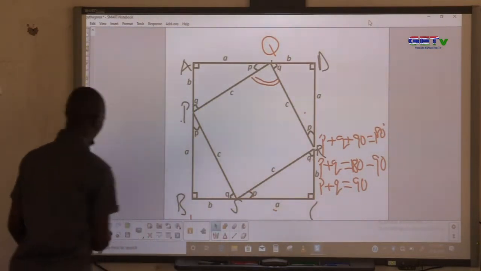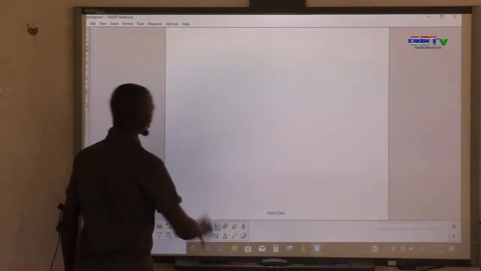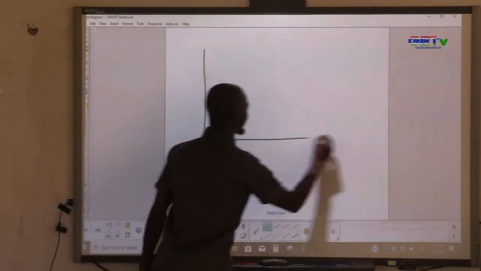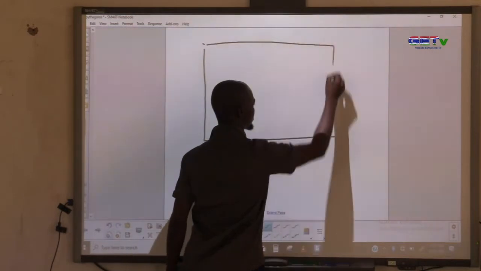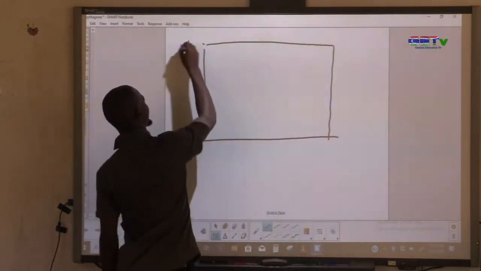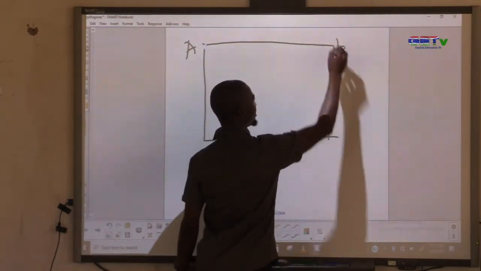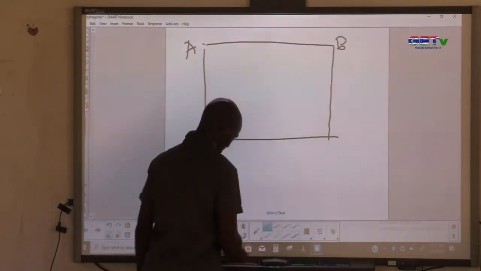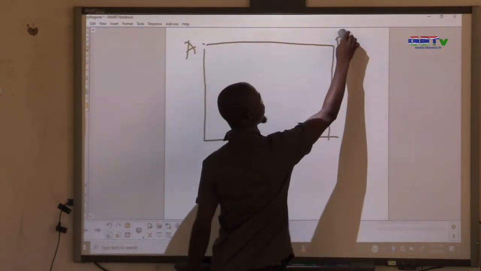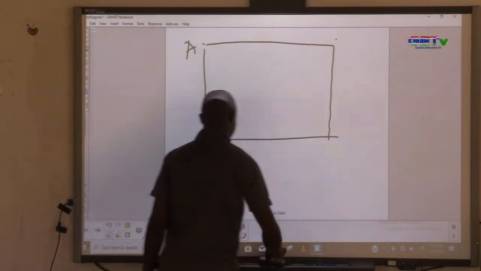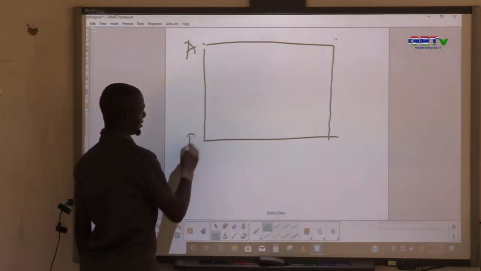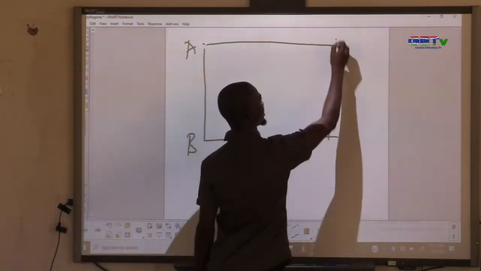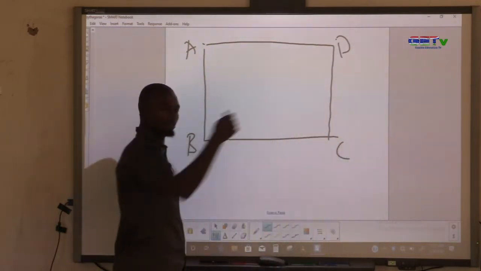First, let's say this is our first square. We have A, B, C and D. That is the big square.